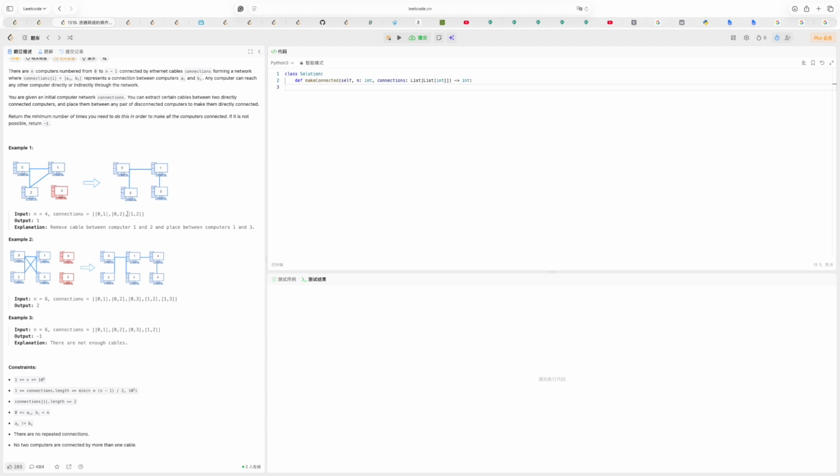I have 4 nodes and 3 edges, 3 connections will be enough.